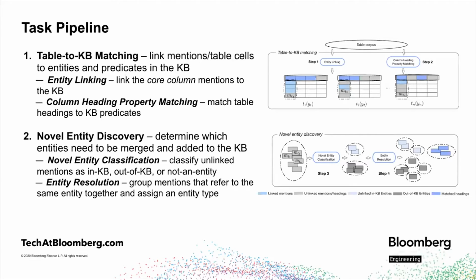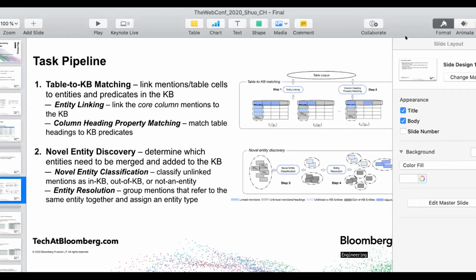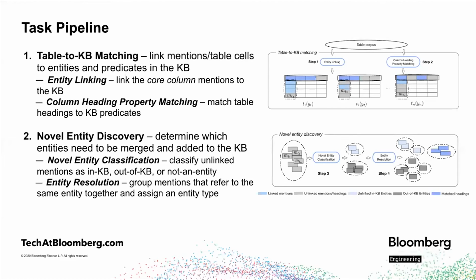The first task, novel entity classification: given all these unlinked mentions from any relational table, we classify the unlinked mentions as in KB, out of KB, and not an entity. In KB means yes, they are entities and have an entry in the KB, but we failed to link them in the entity linking step. Out of KB, we call new entities. They are entities, but they don't have an entry yet.